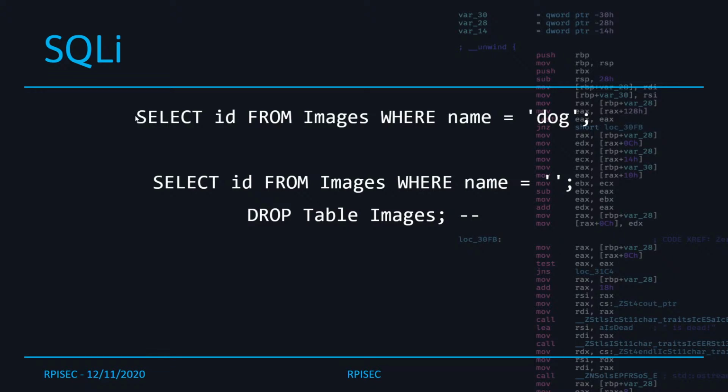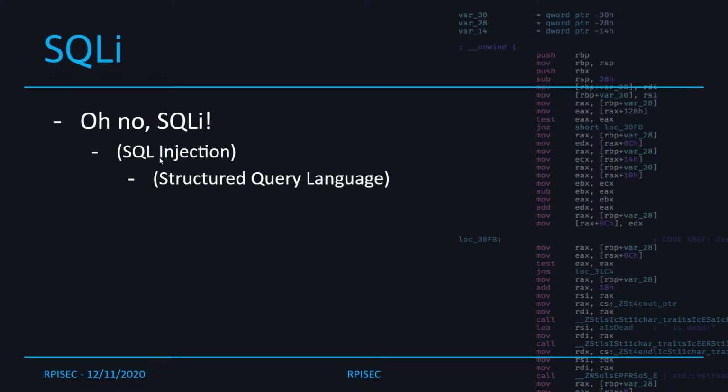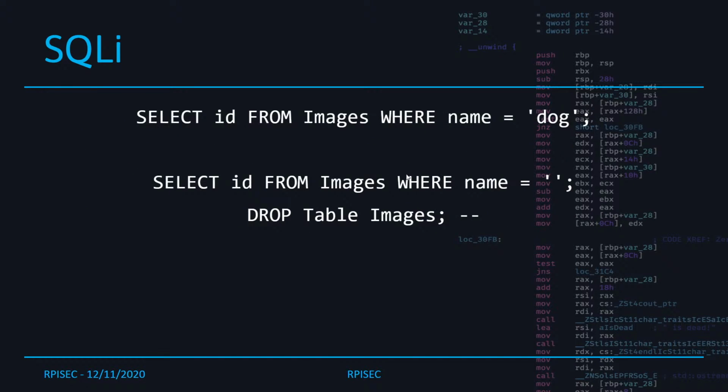So that would just be dog in there. But if our input was this weird dog drop table images thing, well, this happens. The single quote closes the string, a semicolon ends the query, and then a second query begins where you drop table images. And then we just comment out the rest to make sure that whatever else is in the original query doesn't matter anymore.